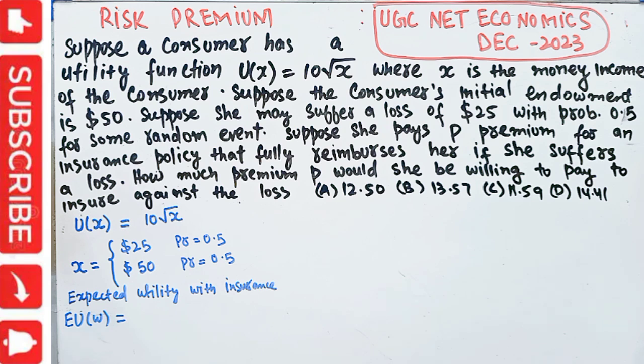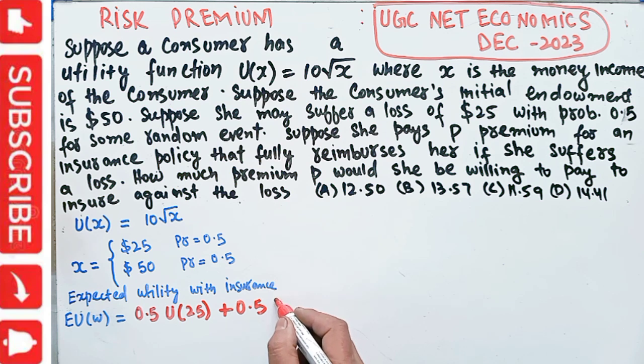That will be equal to 0.5. That is the probability she suffers a loss times the utility of $25. Okay, plus 0.5, that is 50% chances are she may not suffer any loss, and the utility of $50.